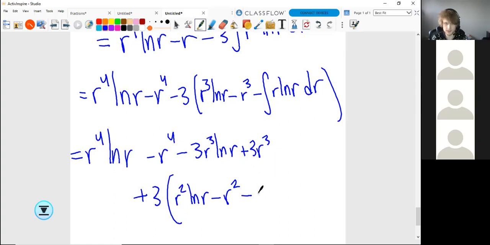So that is going to be r ln r. Oh, we got to multiply it by 2 though. 2 times r ln r minus r. And then we can just have a plus c on the outside.